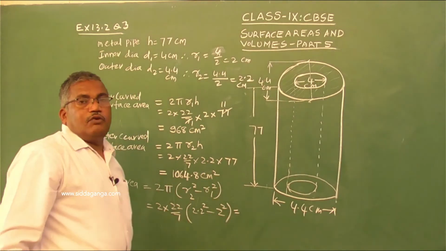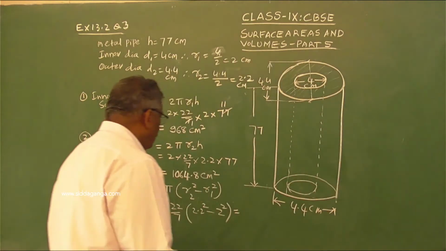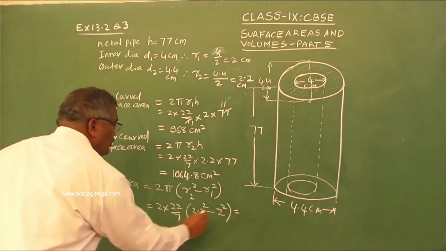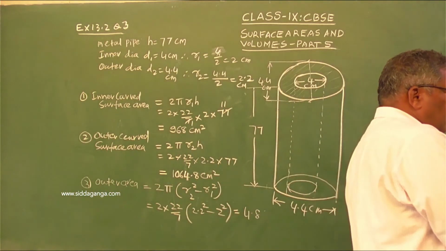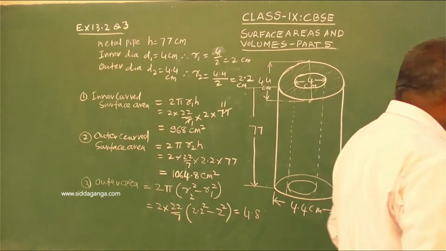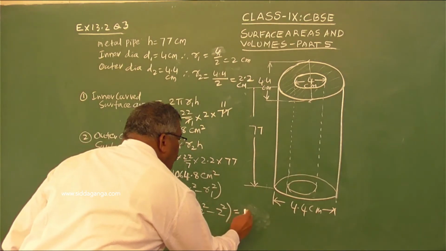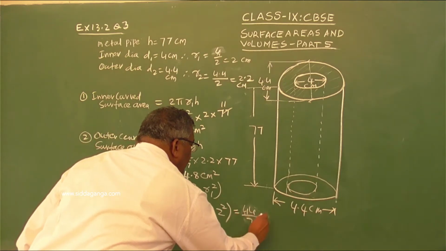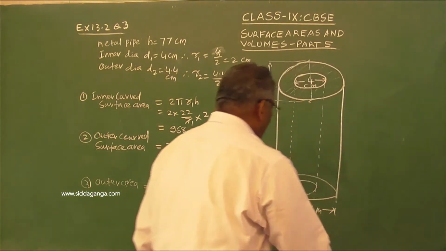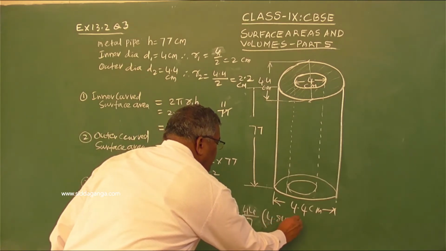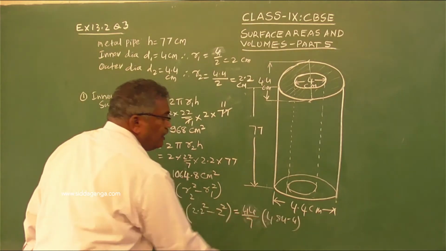So this is 44 by 7 in the bracket, 2.2 whole square is 4.84 minus 2 square is 4.